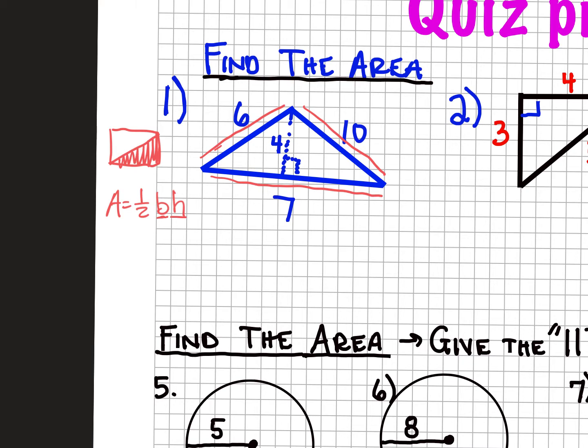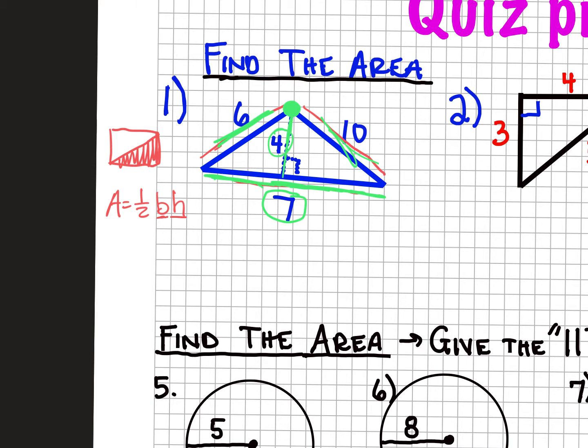So in this particular problem, the 7 is going to be the floor, not because it's on the ground, but because if we make that the floor, we know exactly how high up the ceiling is. Straight up and down, the ceiling is 4 away from the base. So our base is 7, and our height, the distance to the ceiling on a straight line, not a diagonal line, is 4.